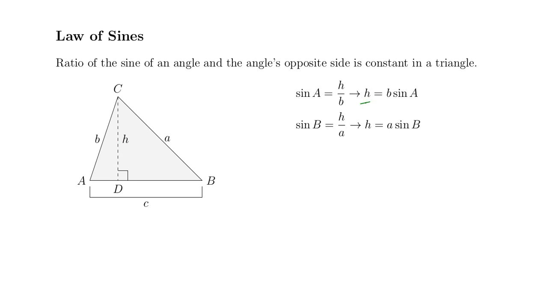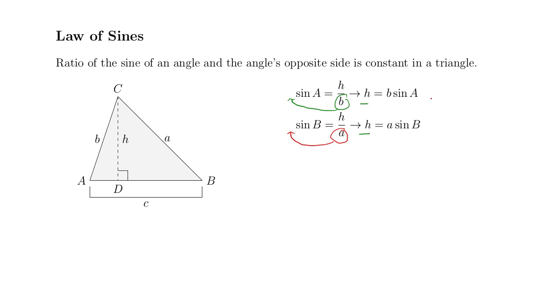And notice that we can solve both of these for h, and we get little b sine A by multiplying both sides, moving that b up. And then we can do the same thing here. Notice, though, that h in both cases is really the same thing. This length is the same for both triangles.